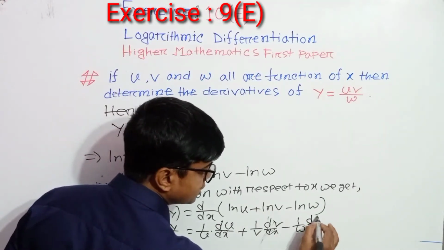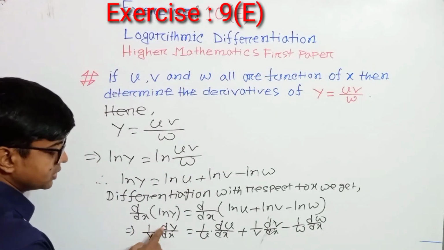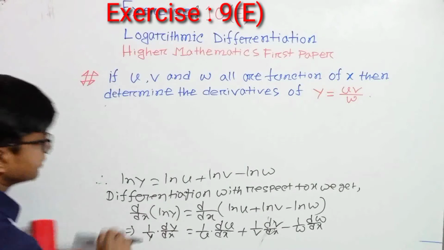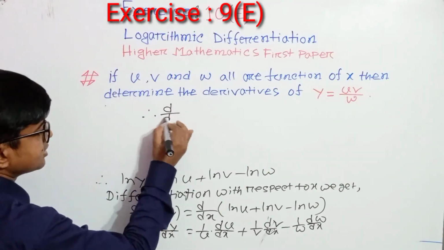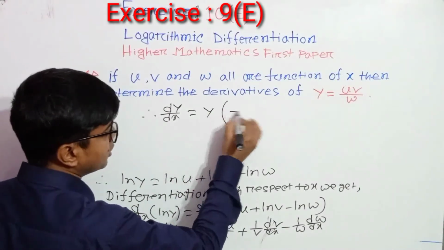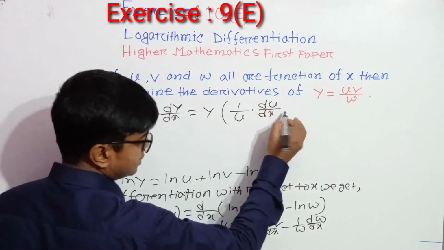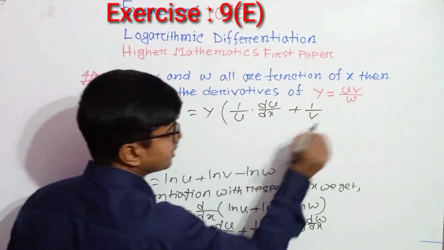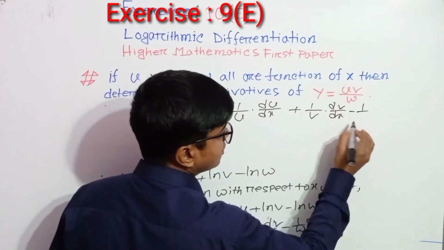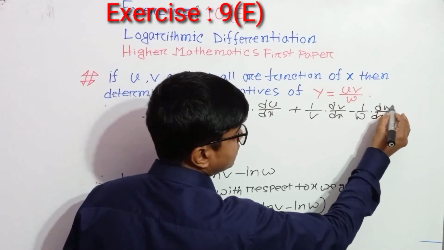Now look at this, here 1 by y into d/dx of y, so we can write, therefore d/dx of y equals y into 1 by u d/dx of u plus 1 by v d/dx of v minus 1 by w into d/dx of w.